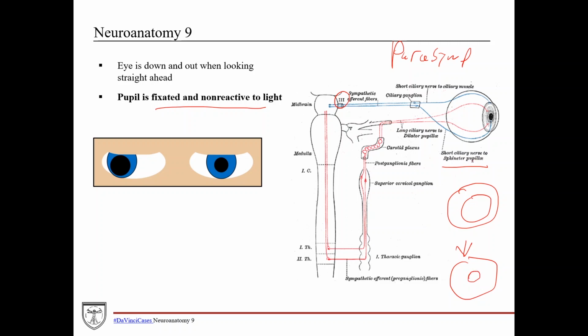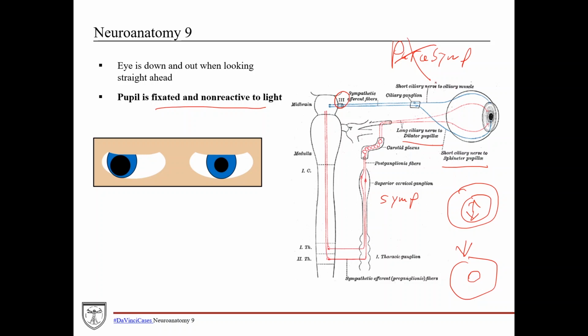This also has a counterpart muscle known as the dilator pupillae, which is innervated by the sympathetic fibers from the cervical sympathetic fibers. So if you lose this parasympathetic input from cranial nerve 3, the sympathetic fibers to the dilator pupillae will cause this muscle to act unopposed, and so what you'll have is significant dilation of the pupil.